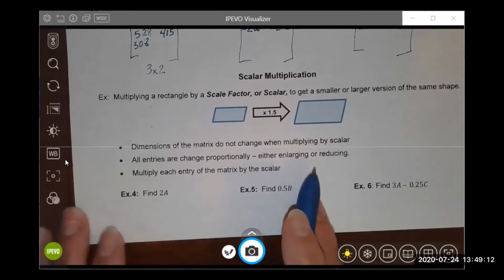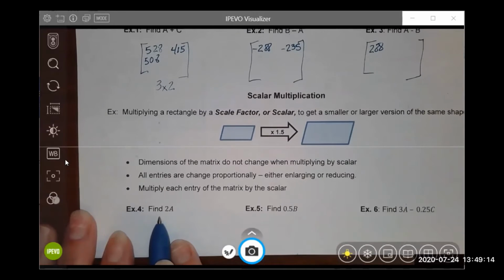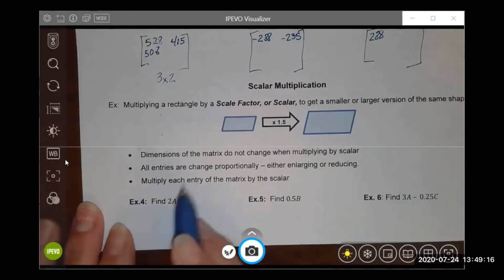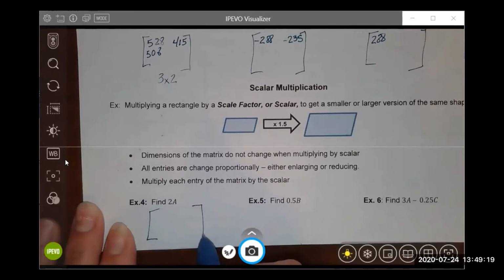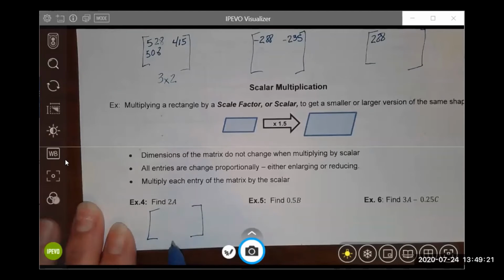You can multiply each entry of the matrix by that number. So if I take the matrix from up above, the A matrix, and I multiply everything by 2, I get a new matrix that is also going to be a 3 by 2. And I do this by just taking 408 and multiplying it by 2, which gives me 816. I take 325, multiply it by 2, and I get 650.